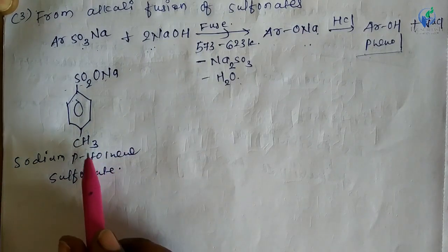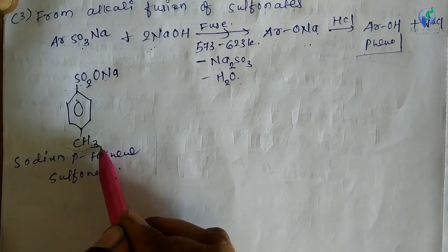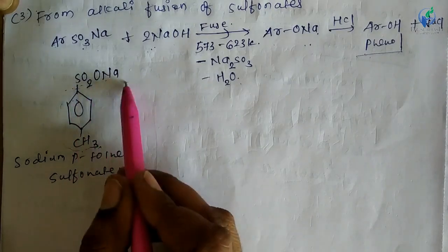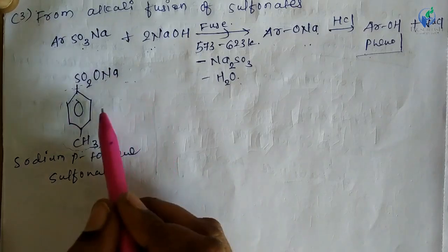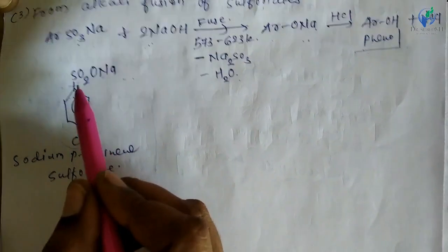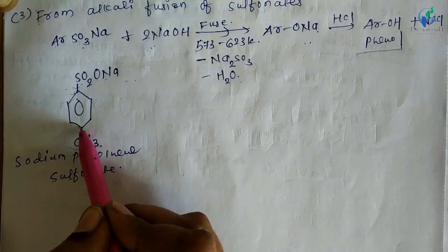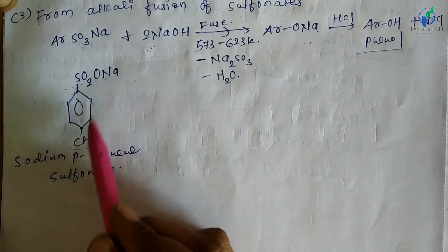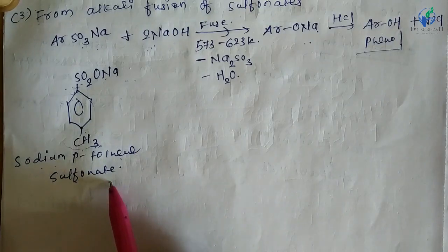In toluene, the ring with CH3 is known as toluene. So in toluene, the sodium sulfonate group, SO3Na, is present, and it is present para to this methyl group of the toluene molecule. So this sodium sulfonate group is present para to this methyl group, so it is sodium paratoluene sulfonate.